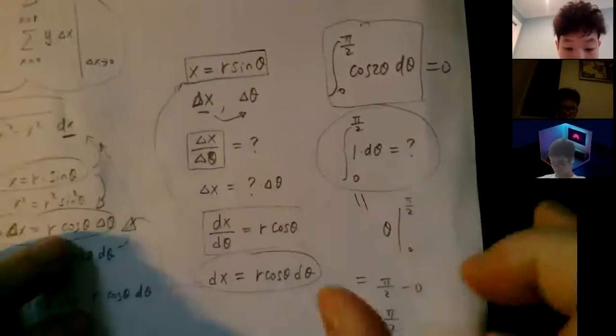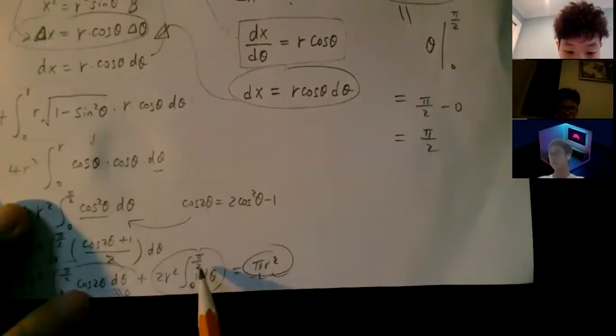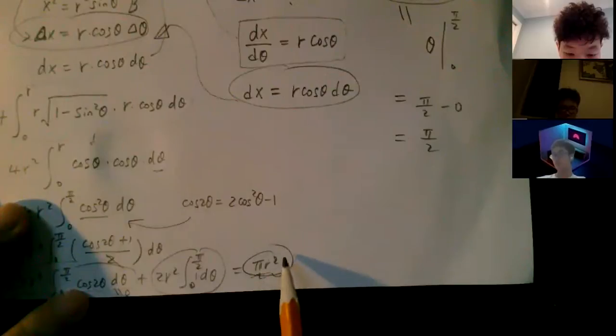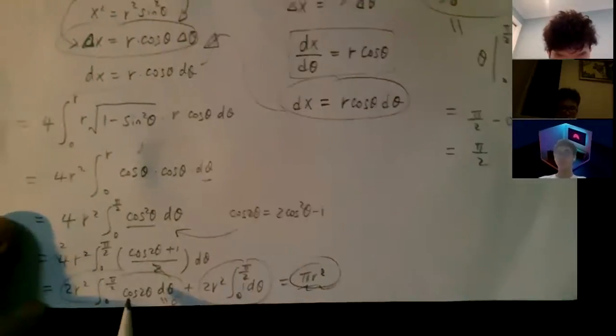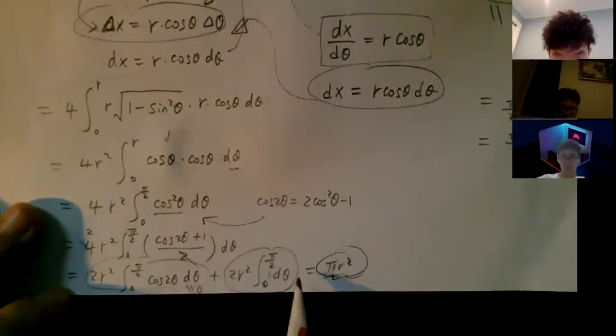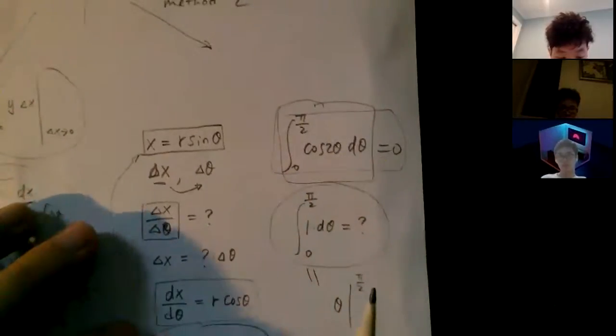So here, pi over 2 times 2 means pi r squared. This section gives you a circle area, pi r squared. Now I have to prove this other part equals 0, then I have everything perfect. So why does this part equal 0?